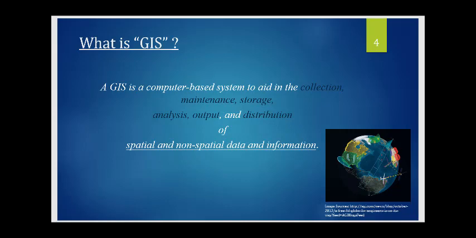Last is distribution of information. A GIS allows for easy sharing of spatial and non-spatial data and information around the world, available in both visual and tabular format. The final phrase of the slide, spatial and non-spatial data and information, refers to the fact that a GIS can contain information whether it has a spatial component or not.